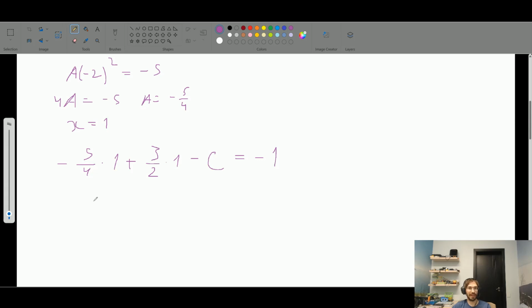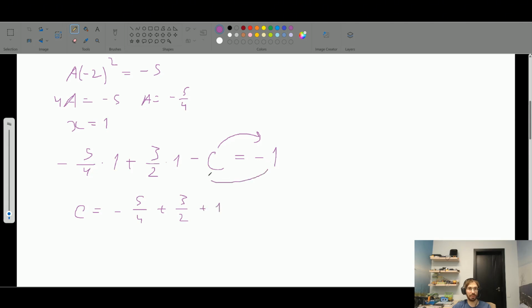So what do we have here? We have the only unknown variable, which is c. So c equals, let's shift it to the other side, minus 5 over 4 plus 3 over 2, and then plus 1.